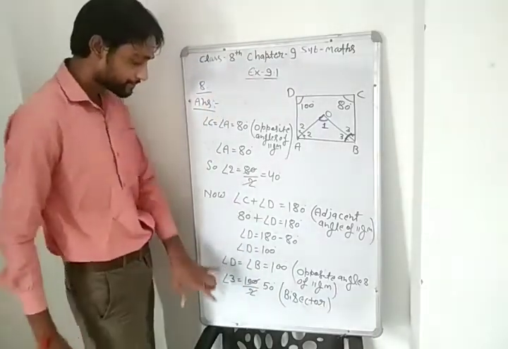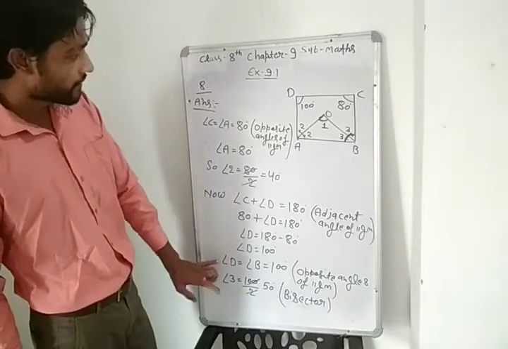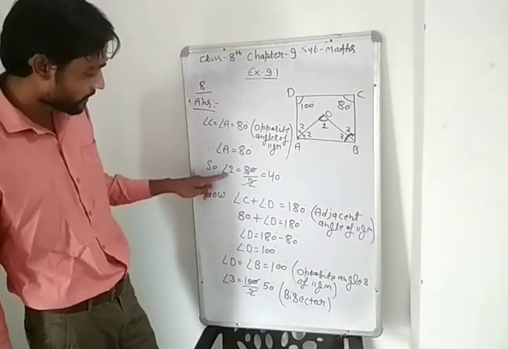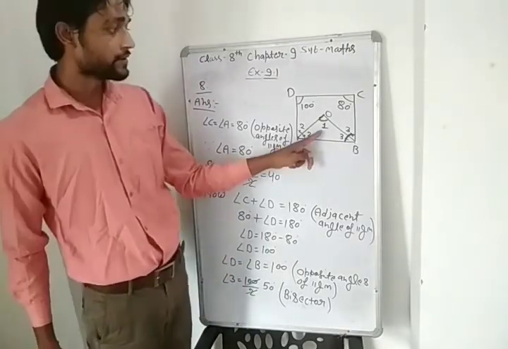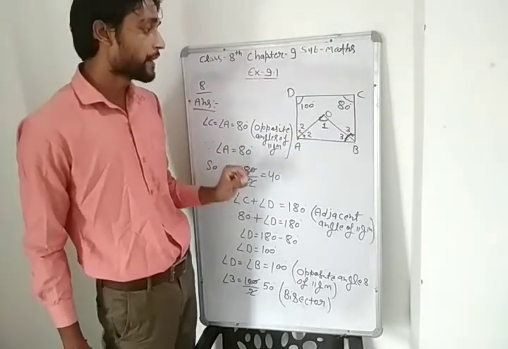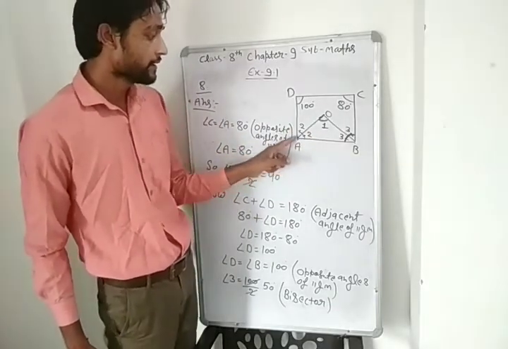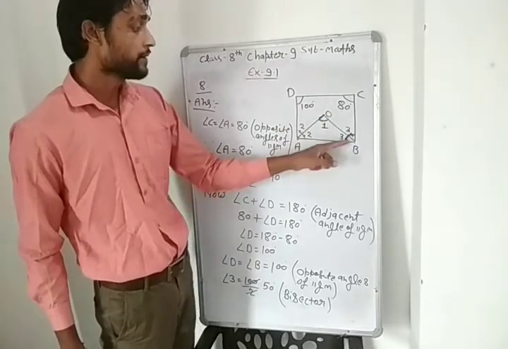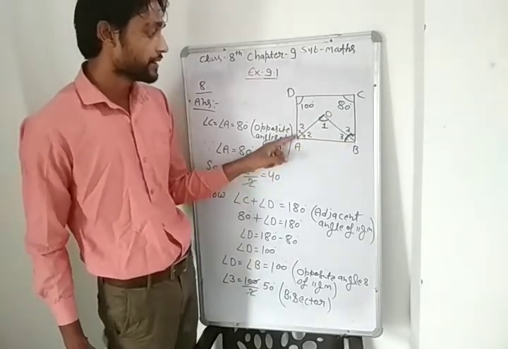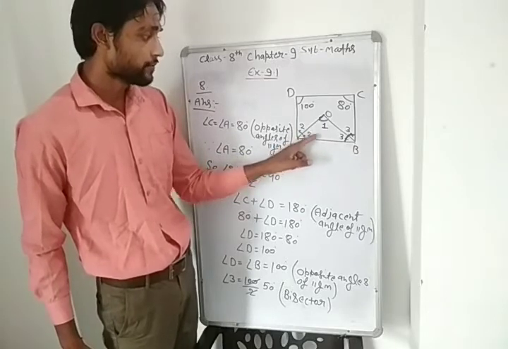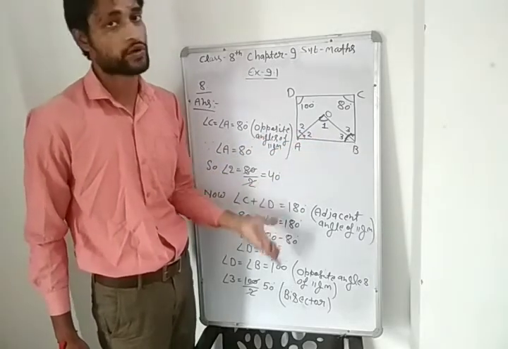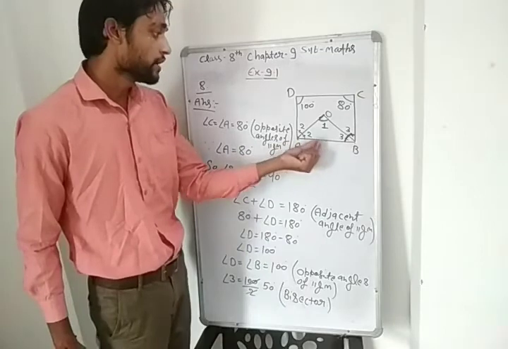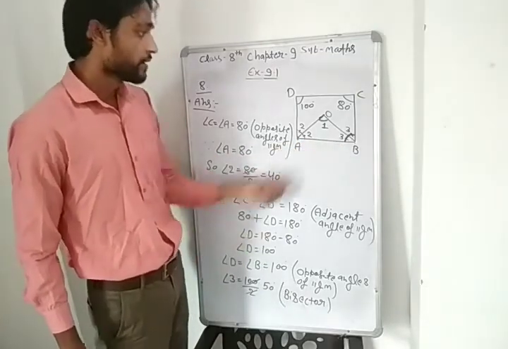After that, we have the value of angle 2 and angle 3, and angle 1 is unknown. So now we will apply the angle sum property in triangle AOB. In triangle AOB, angle 1 plus angle 2 plus angle 3 is equal to 180 degrees, and angles 2 and 3 are known and 1 is unknown.